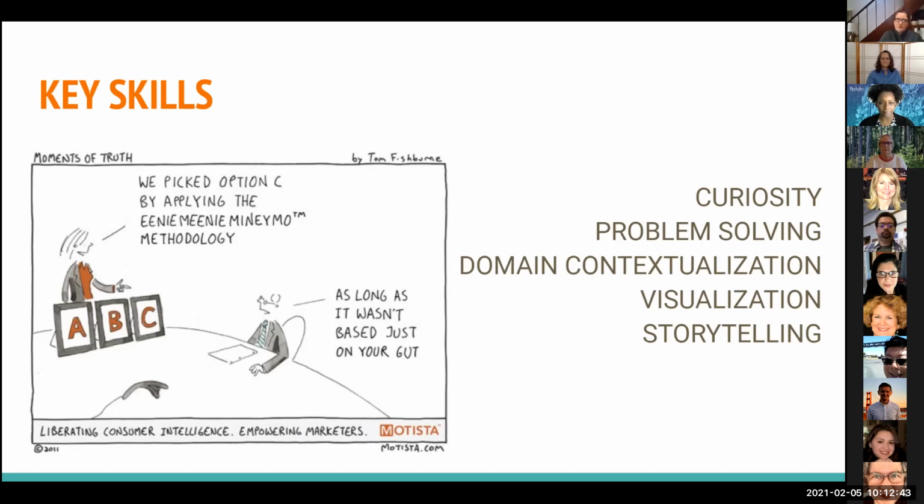And that comes really just from exposure and experience with the domain, not necessarily just the data itself. And then the last two, which are really popular right now, are visualization and storytelling. Those two things go together, and we'll touch on those in a little bit more detail in a minute.